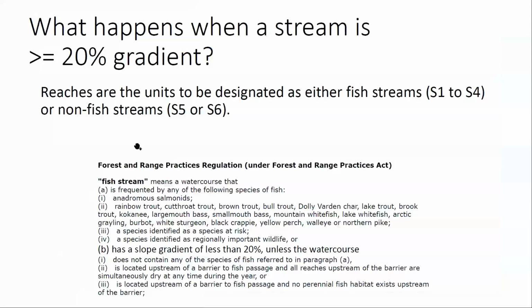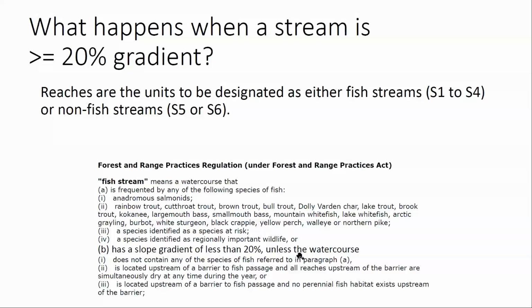Within the Forest and Range Practices Regulation, which is within the Forest and Range Practices Act, this is where it defines what is a fish stream. One of those definitions of a fish stream is a slope gradient less than 20%, unless it actually has fish in it.